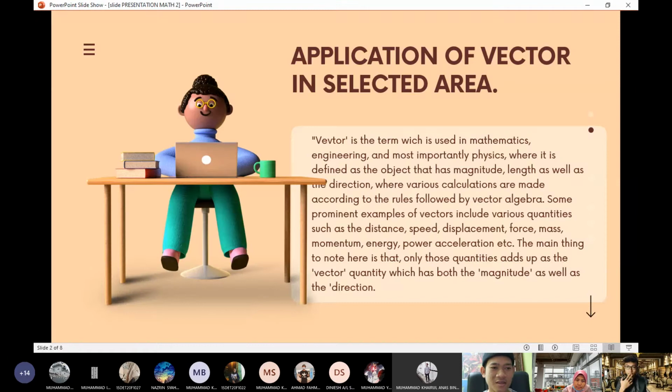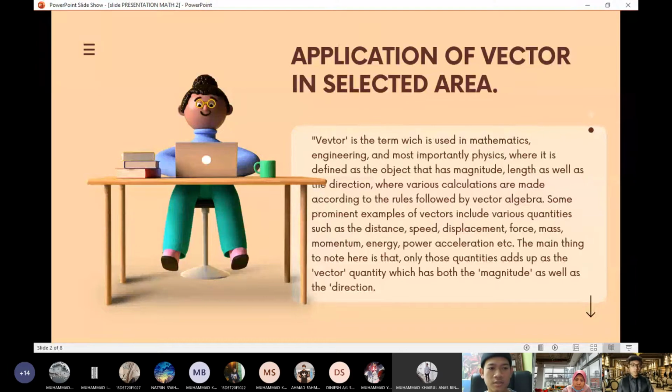Vector is the term used in mathematics, engineering and most importantly physics, where it is defined as an object that has magnitude, length as well as direction, where calculations are made according to the rules followed by vector algebra.